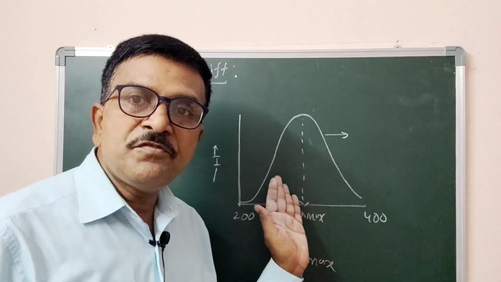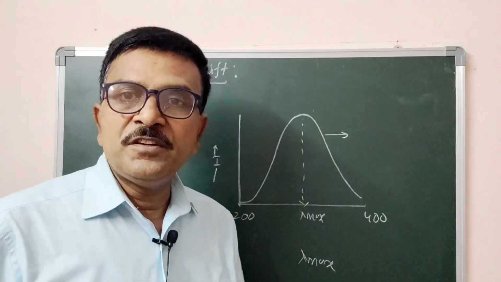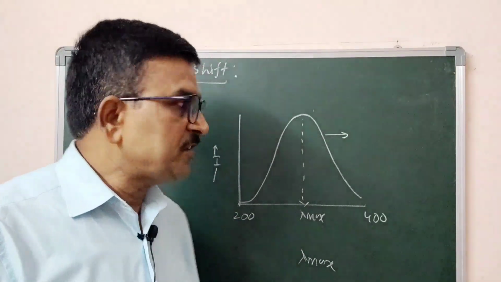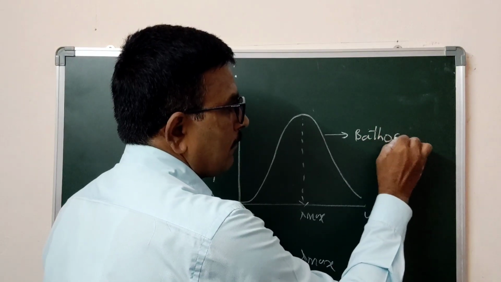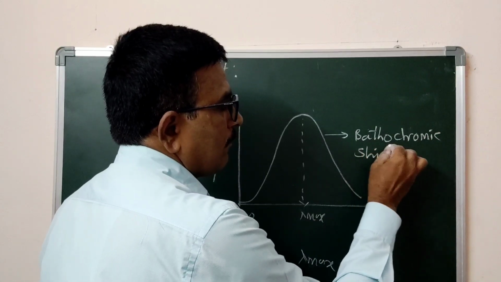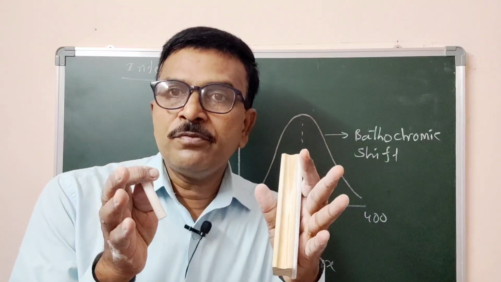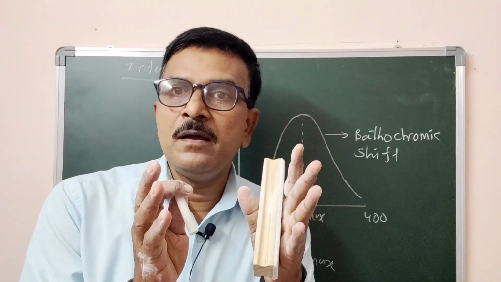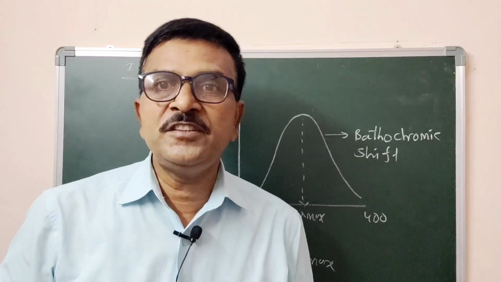If the band is shifted towards longer wavelength, it is called a bathochromic shift. The shifting of the absorption band in a molecule towards longer wavelength is called a bathochromic shift.